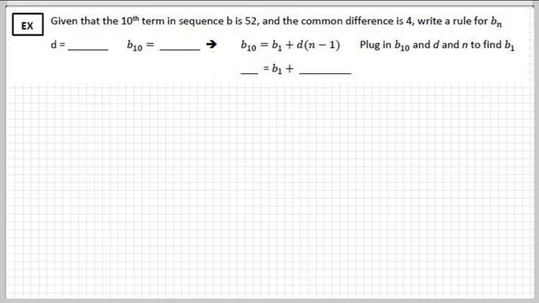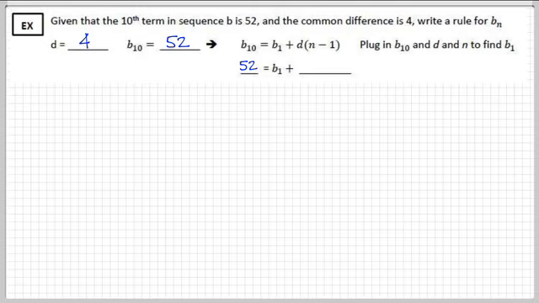So I know my common difference is d. It's kind of like my slope, my common difference. My 10th term is like my y value, and my x value, my input, is 10.